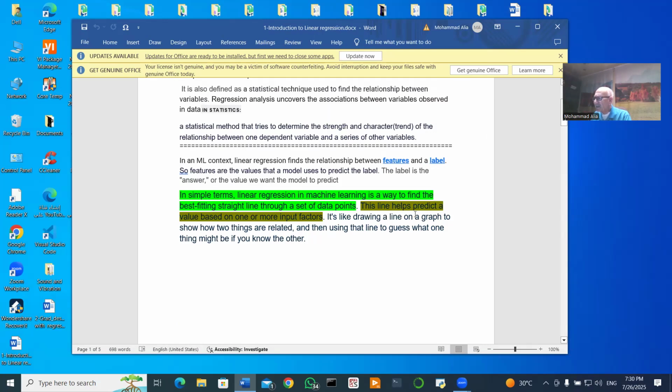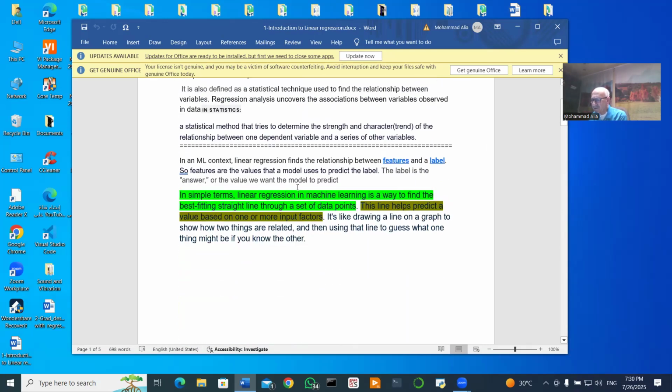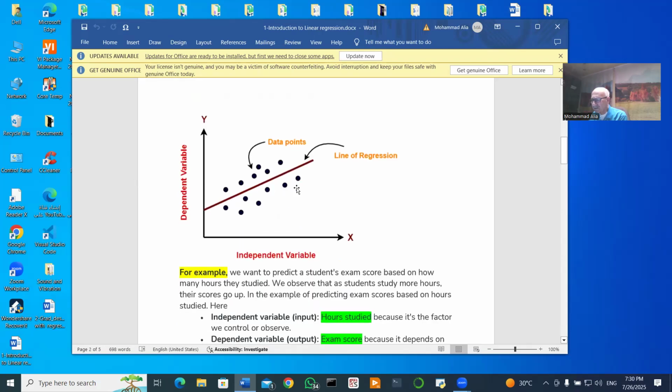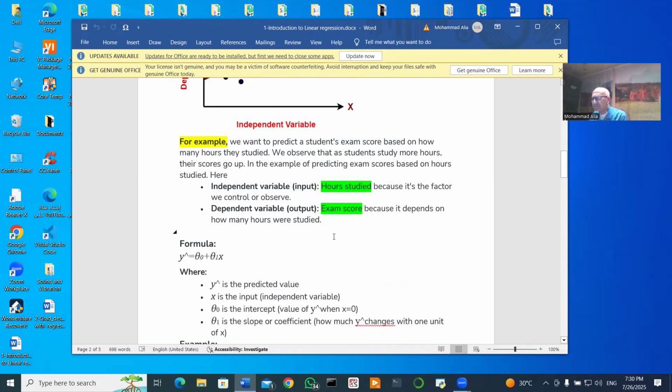This line helps predict a value based on one or more input factors. This is the idea behind this definition. I hope now that it is more understandable by all, and we shall continue our work.